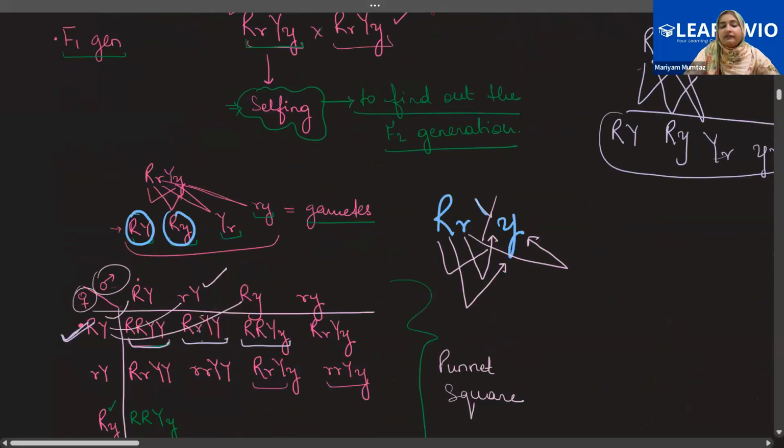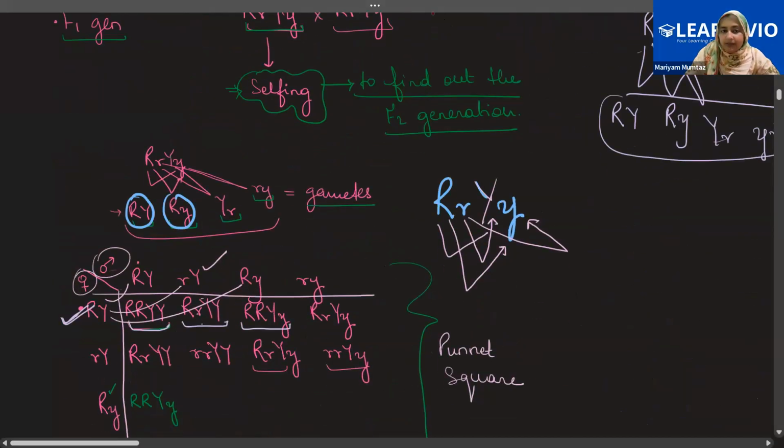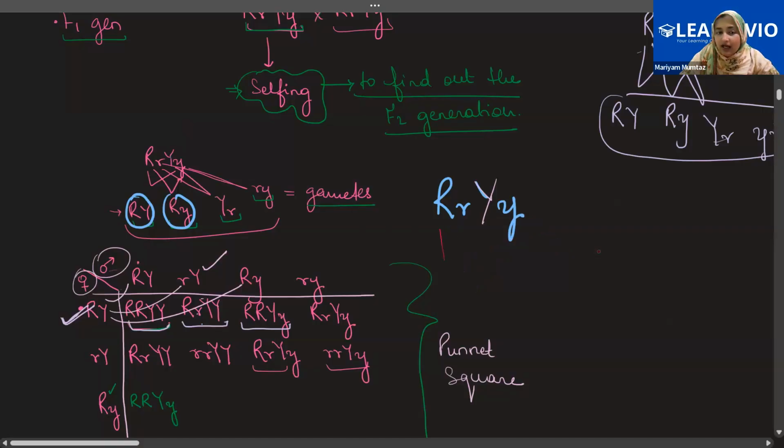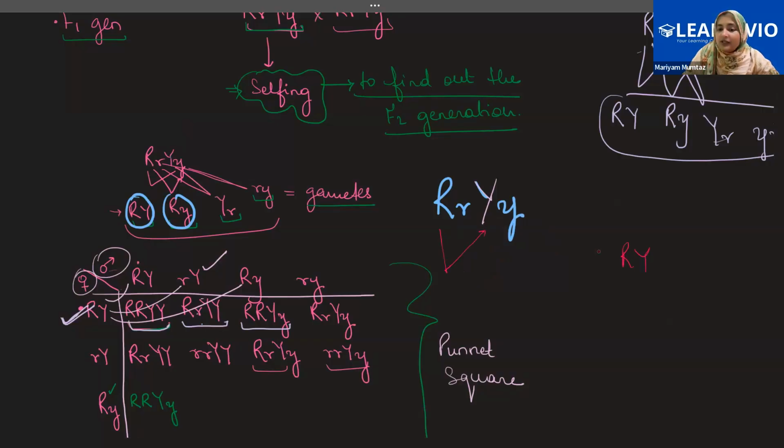Now, in order to find out the F2 generation, you have to do selfing, isn't it? Before you do the selfing, you have to take out the gametes. What are the possible gametes that would come out of the F1 generation? So capital R with capital Y, that's gamete number 1. Then capital R with small y, gamete number 2.